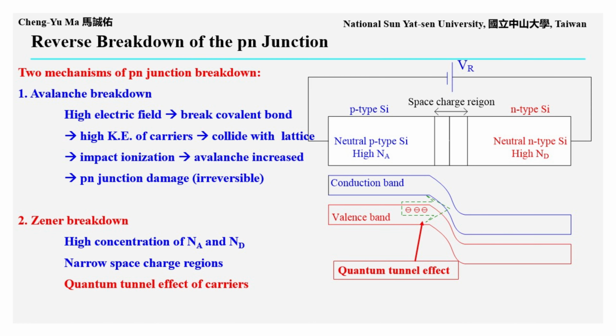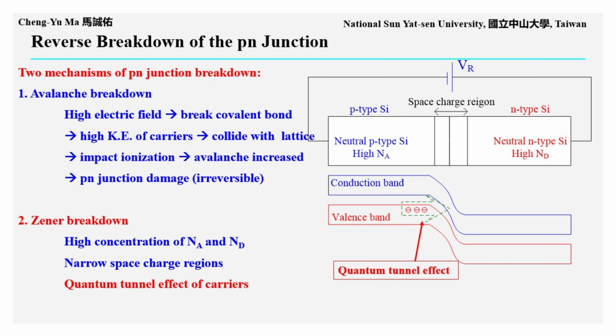From the energy band diagram, we can see that the valence electrons in the valence band of the p-type semiconductor can undergo quantum tunneling between energy bands under a strong lateral electric field. As a result, electrons in the valence band of the p-type semiconductor tunnel into the conduction band of the n-type semiconductor, and then move into the neutral region to form current.